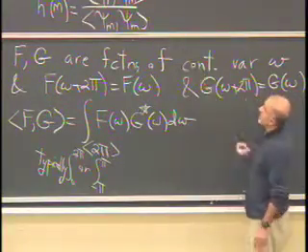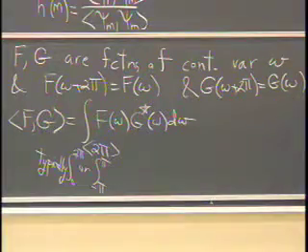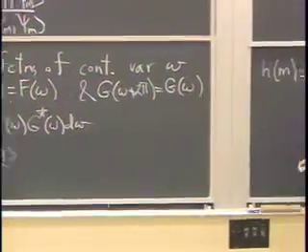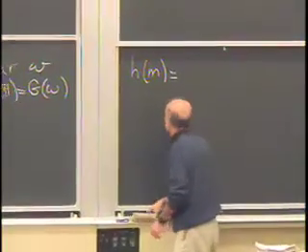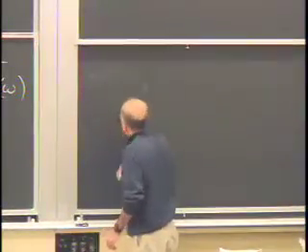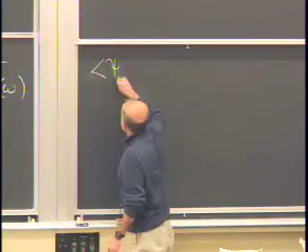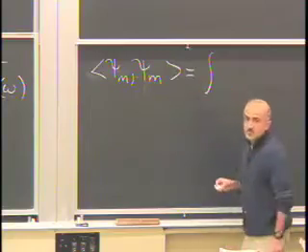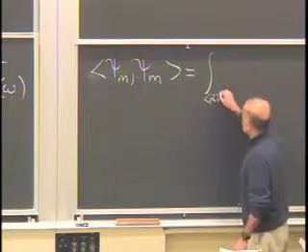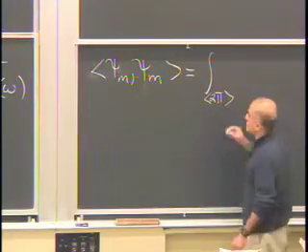The first function times the complex conjugate of the second function. Well, when we go back up there, h of m is equal to, well, let's not deal with h of m yet. Tell me what Cm is. Integral over 2 pi of what?